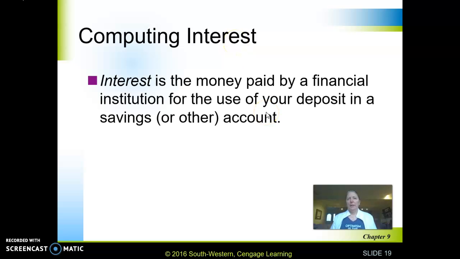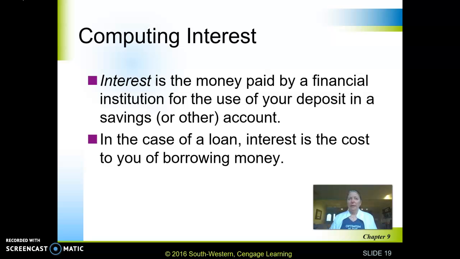So interest is the money that is paid by a financial institution for the use of your deposit in a savings account. So if I deposit money, they're going to pay me interest because they're using that money on their own to loan out and do things. Or interest also can be the amount that I'm paying when I borrow money from someone, from a bank, from a relative, from someone like that.